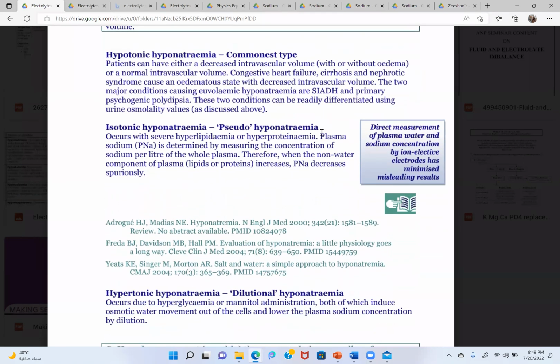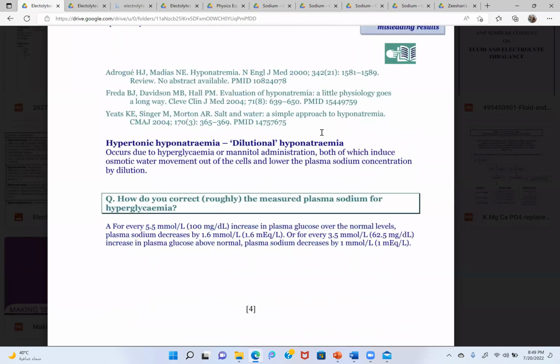Okay, so hypertonic hyponatremia occurs due to hyperglycemia or mannitol. It is initially taking the more volume. Okay, and because they are itself osmotically active, so they are causing the hypertonicity, and then they are diluting it as well.